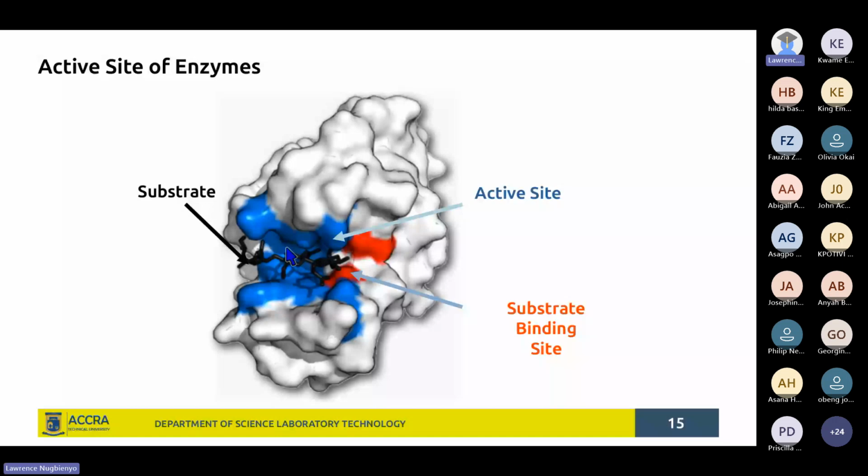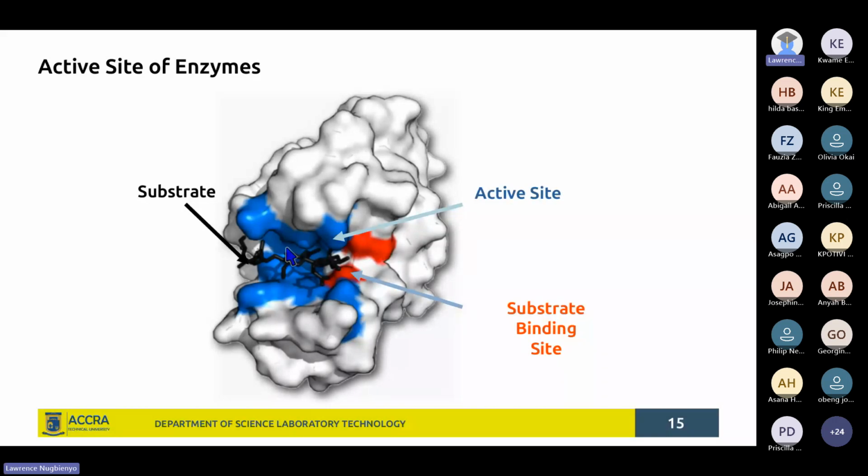Now, when a substrate comes into that active site, when we say the substrate is interacting with, say, the sulfhydryl group of cysteine, that's a specific binding site we are talking about.